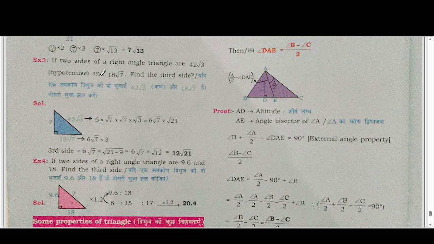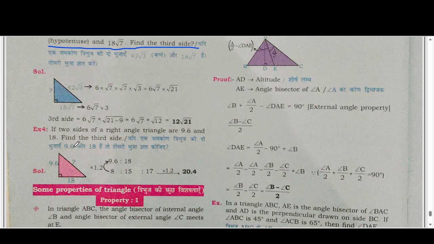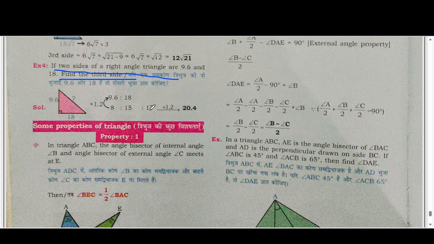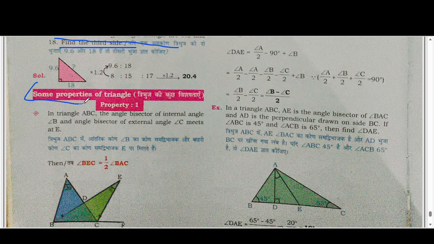If the hypotenuse of a right angle triangle is 42 root 3 and one side is 18 root 7, find the third side. That was 6 root 7 into 21 minus 9, under root, 7 into root 12, which is equal to 12 root 21. If two sides of a right angle triangle are 9.6 and 18, find the third side. It was 20.4.